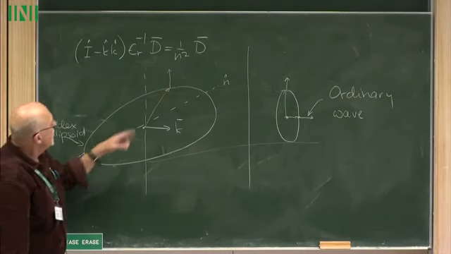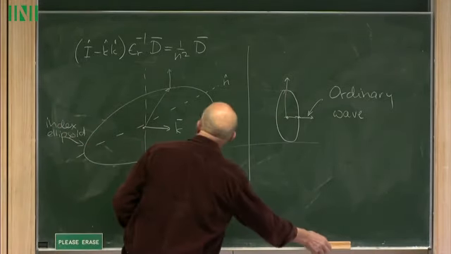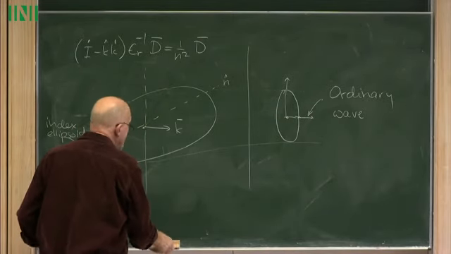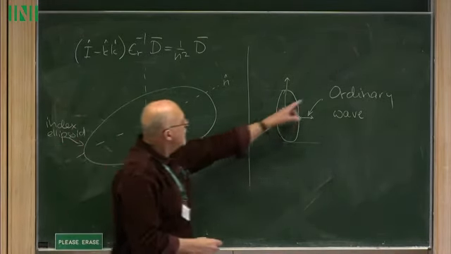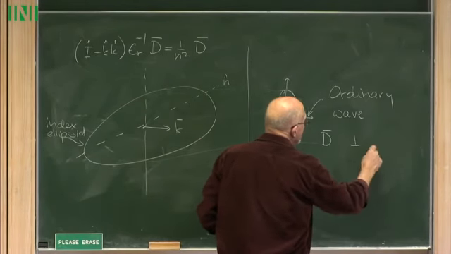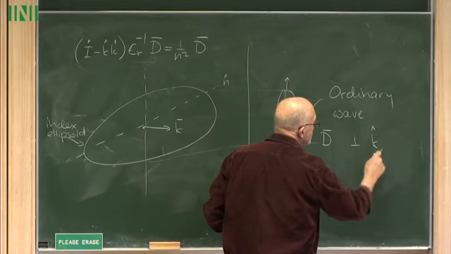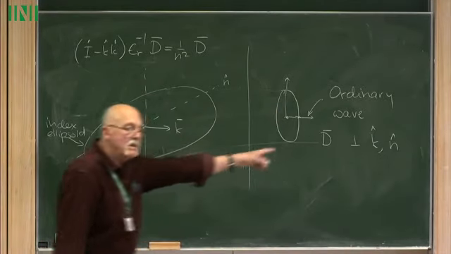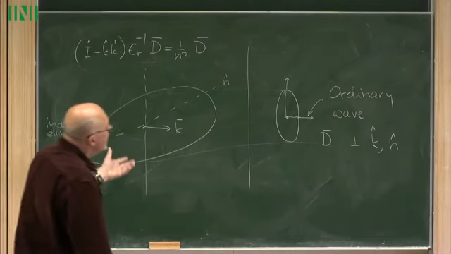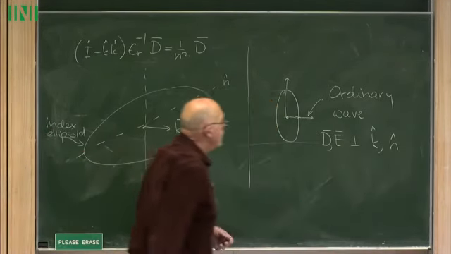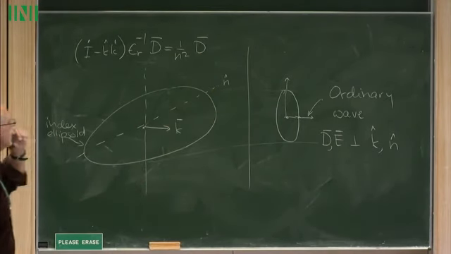And the other one is more interesting. So this D is perpendicular to both the propagation direction, it's always perpendicular to that, and to the director. And E is also parallel to D. Everything is good.